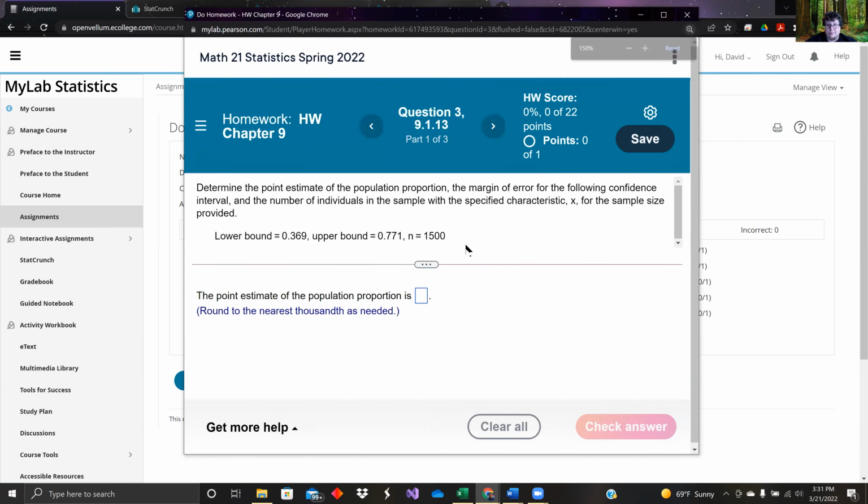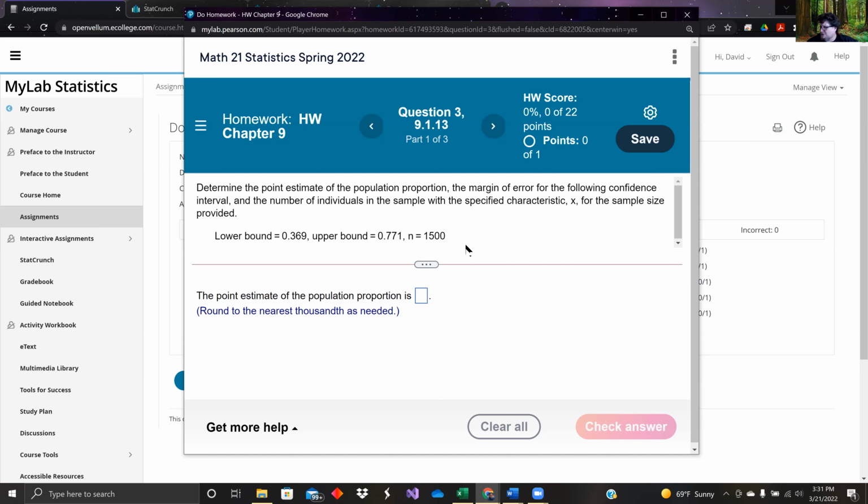Determine the point estimate of the population proportion, the margin of error for the following confidence interval, and the number of individuals in the sample with a specified characteristic X for the sample provided. So it's got those numbers. I'm going to write them down on my notepad, and we can talk about that calculation. You will have different numbers.